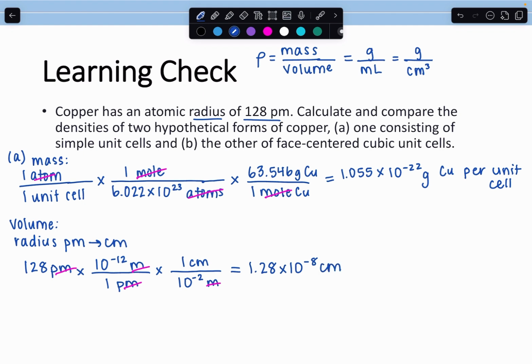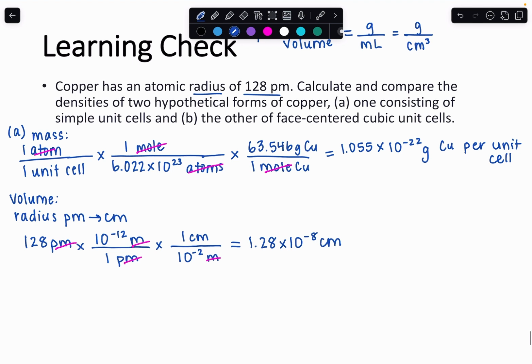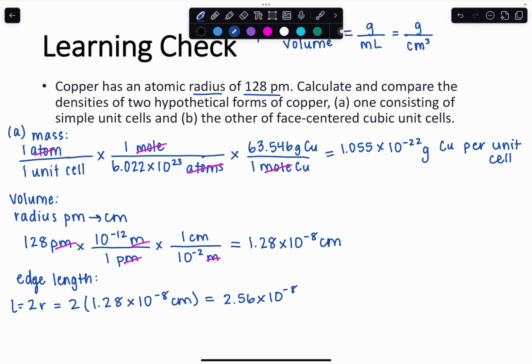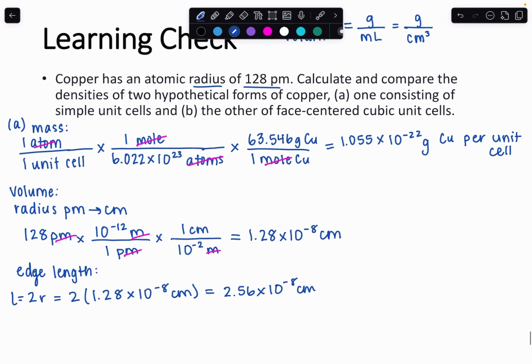Okay, so that's the radius. The edge length for a simple unit cell is 2r, which is 2 times the radius that we just calculated in centimeters, which is 2.56 times 10 to the negative 8 centimeters.